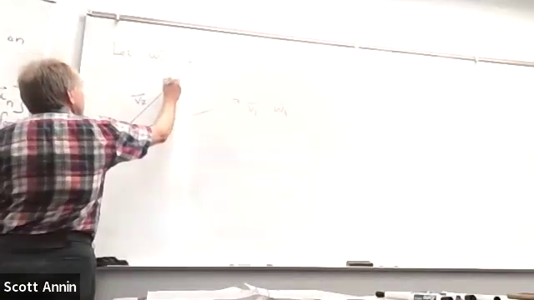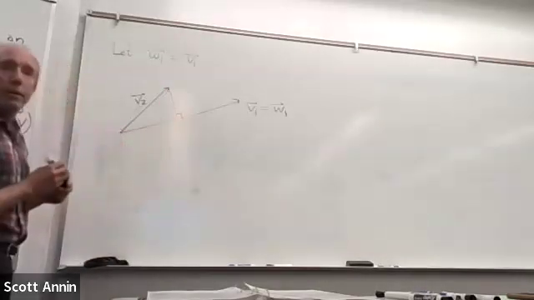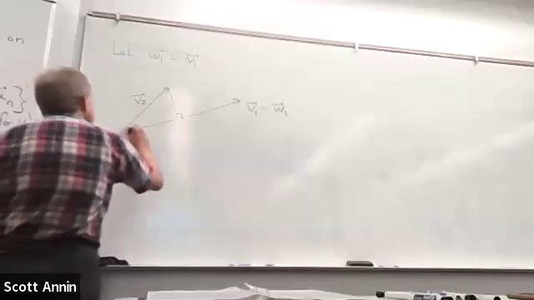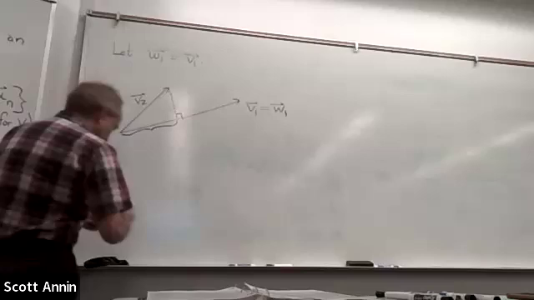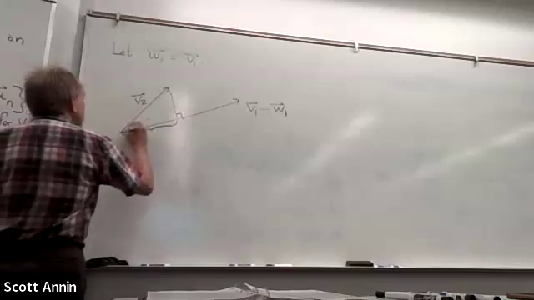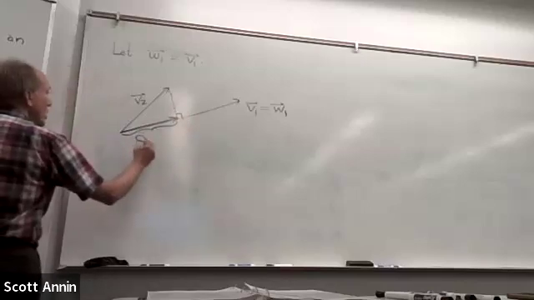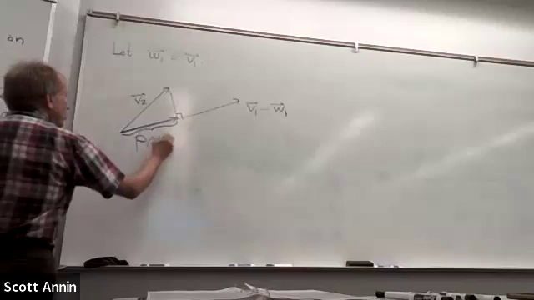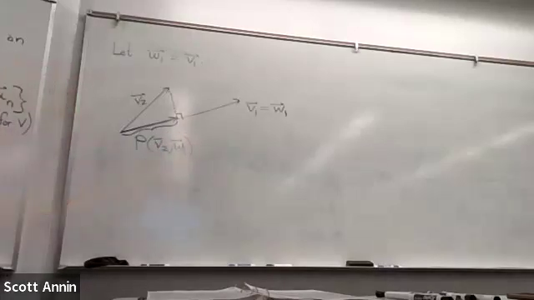I'm going to draw a perpendicular dotted line here. This vector right here is the part of V2 that is pointing along W1. This is called the projection of V2 along W1. We write it like this, P of V2 comma W1.